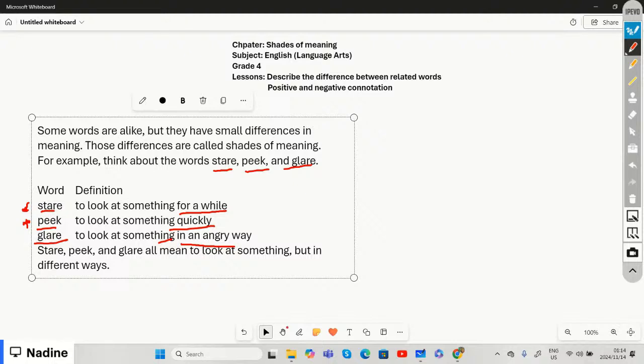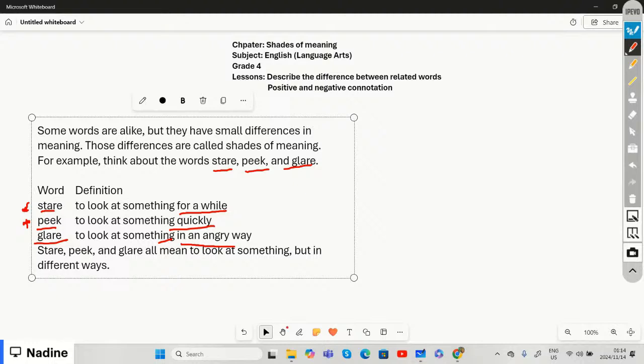Shades of meaning is where we have different words, but the meanings are slightly different. For example, stare, glare, and peek.